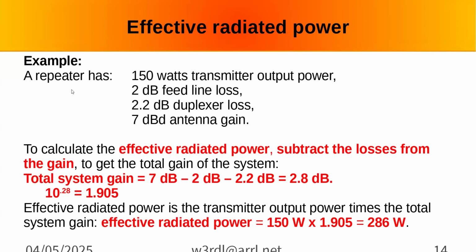So when you want to find what the ratio is, you have to divide by 10. This is where you need a calculator. You just have to figure out how. So in this example, we came out with 286 watts. We had 150 in. We take into account the gains and losses, and we have 286 effective radiated power in whatever direction that maximum gain is.